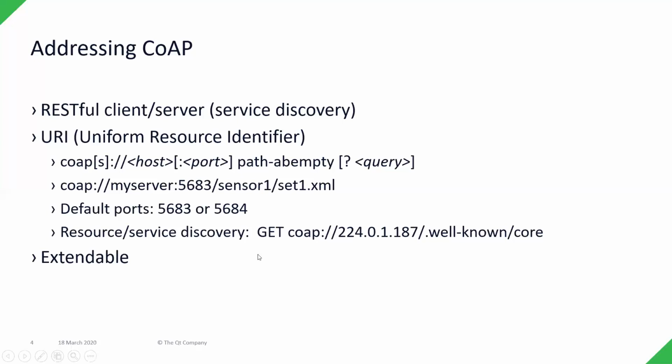In general, once I've picked my device, there's a URI called well-known, which can be used to discover the services that this particular server offers, and then further interact with those. A trademark of CoAP is its extensibility, and a bit more on that later on.